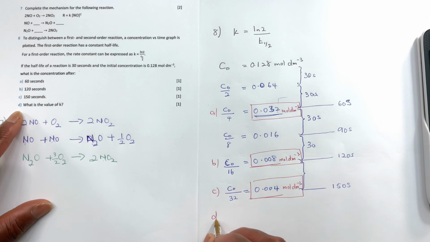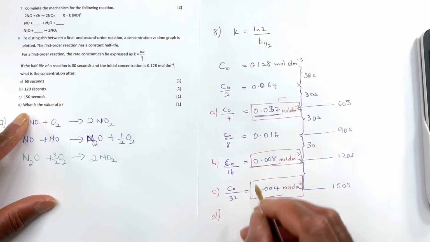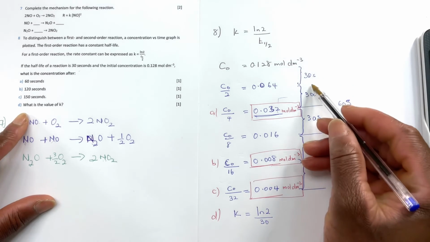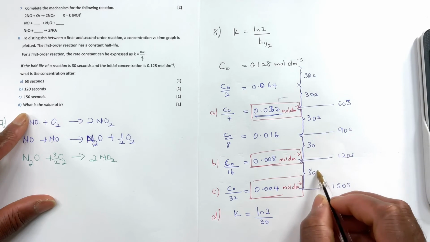Question D is basically asking us to calculate K, which we can do using that formula there. So K is basically ln 2 divided by 30, because half-life is constant, 30, 30, 30. So that's 30 seconds as well.